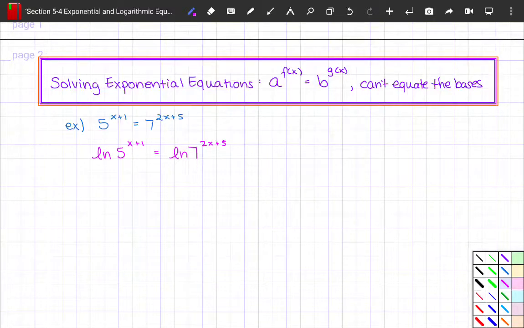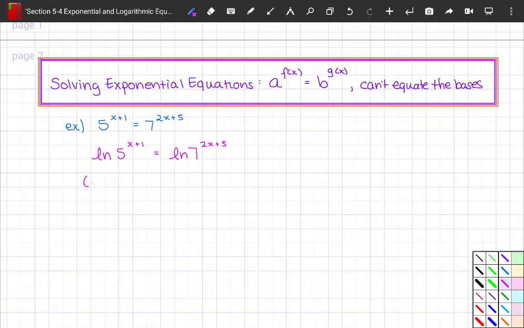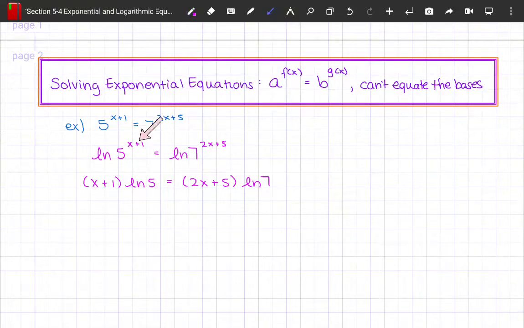So we're going to take the natural log of both sides. And now we can use our properties of logs to get the exponent out in front of the log. So we're using that power property of logs. I'm going to do that on both sides. Remember, when the power is on the entire argument, you can move the power out in front. And now it's like we've seen before.